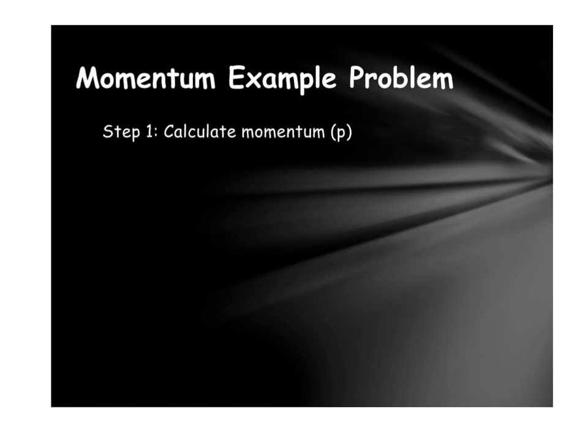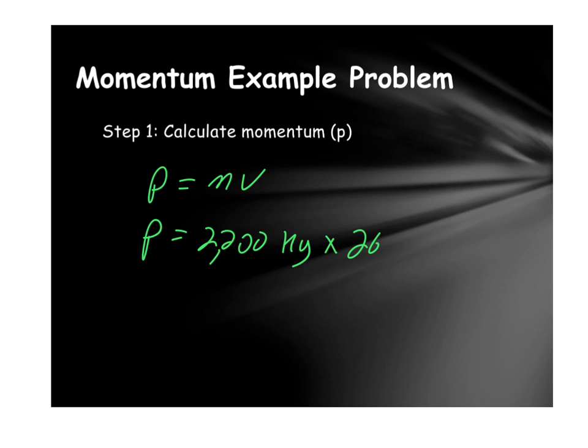So the first thing we need to do to solve this is calculate the momentum. So the momentum p is equal to mv. We said the mass was 2,200 kilograms, and it was moving at 26 meters per second.